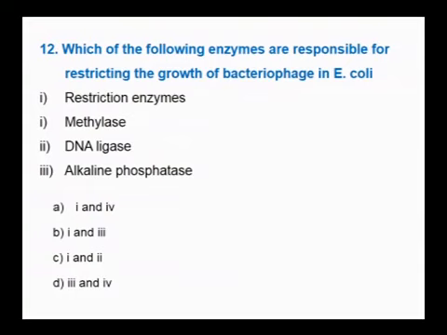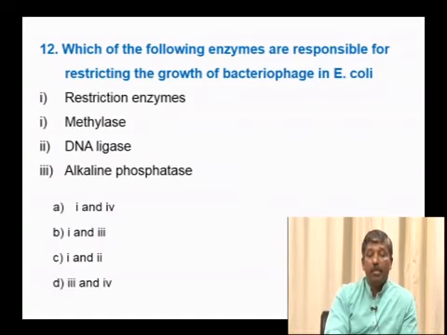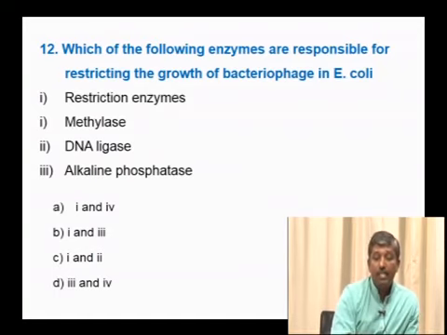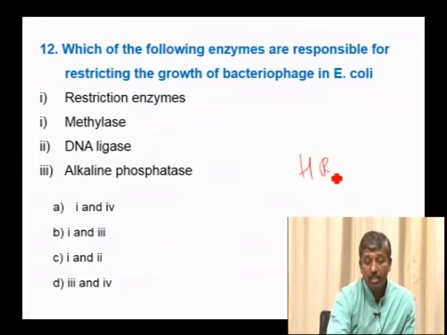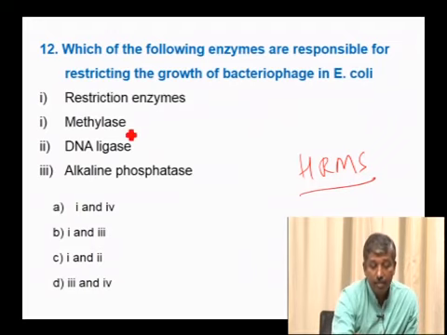Which of the following enzymes are responsible for restricting the growth of bacteriophage in E. coli? It is a mechanism by which bacteria resist the growth of viruses, by two enzymes, we call it the host restriction modification system. It requires the enzyme methylase and restriction enzyme.